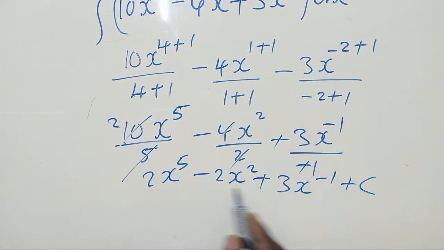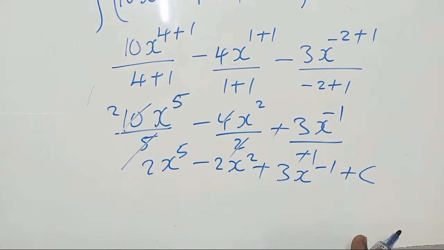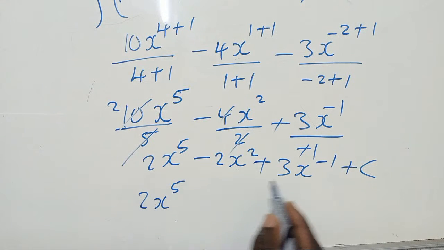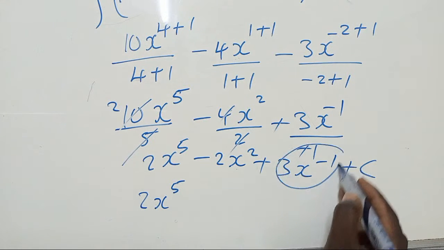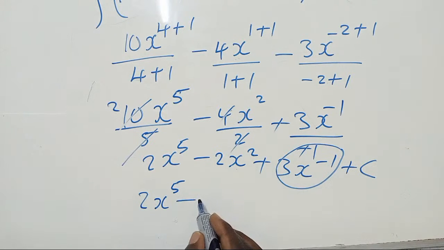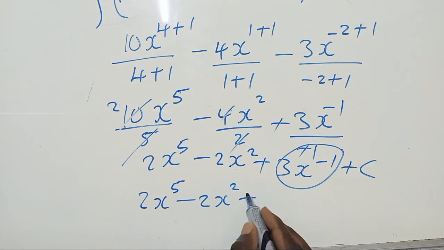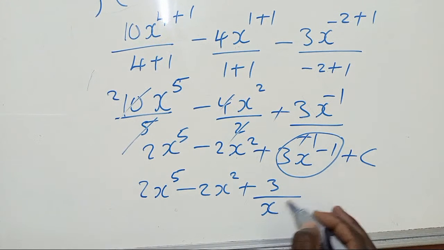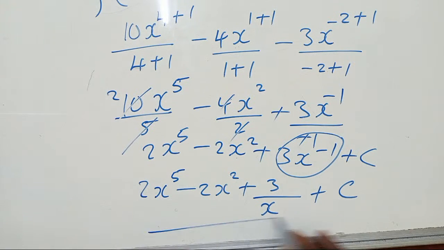If you want, you can leave your answer right here. And if you feel that in mathematics it's not okay leaving your answer with a negative power, you can do this. By laws of indices, power negative 1 goes down like that. So this is our answer.